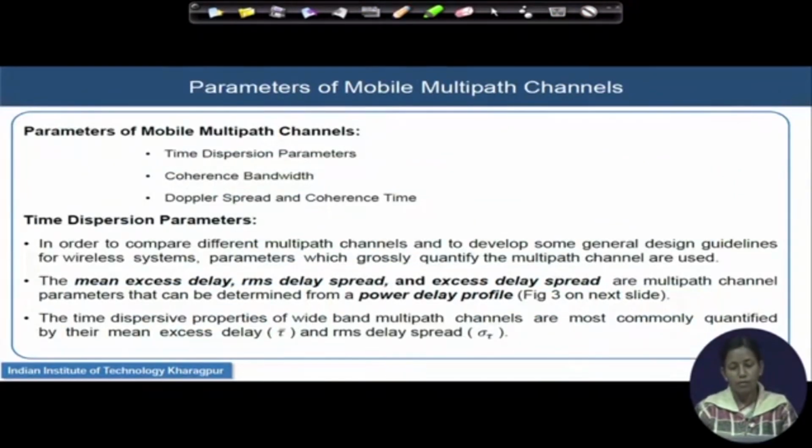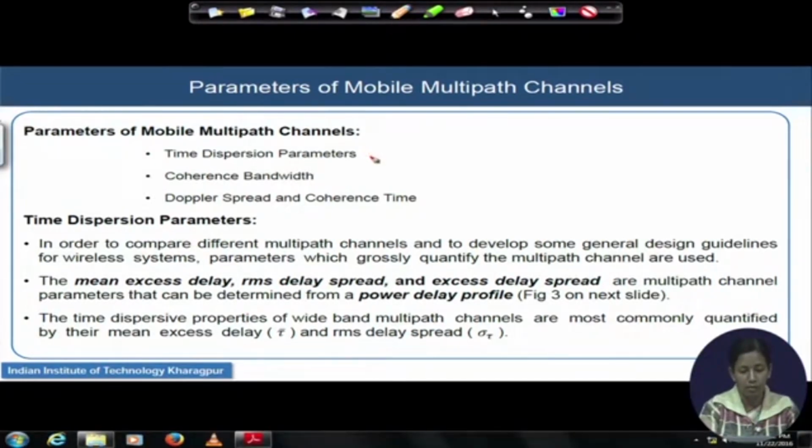So, we will slowly enter into the different parameters that are associated with mobile multipath channels. The parameters with respect to the channel are the time dispersion parameter, the coherence bandwidth and the coherence time. We need to clearly understand these terms because we will repeatedly be using them in system design.